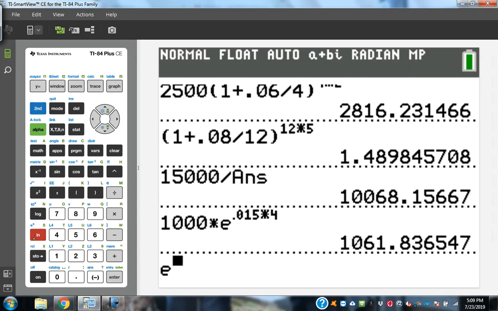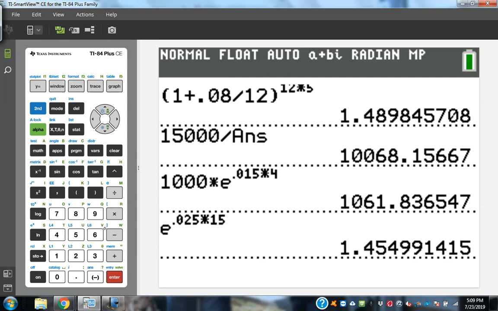Second natural log to get the e, 0.025 times 15. There's that number, 1.454991415, and then it's got some decimals after that. Okay, so I'm going to take 6,000 divided by second negative sign and use that answer.